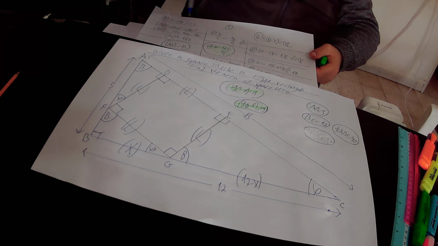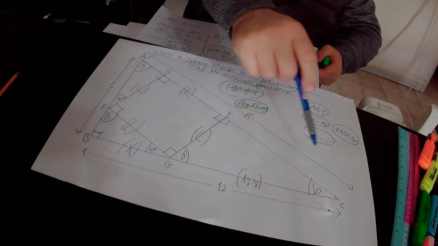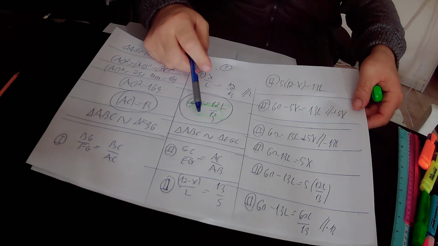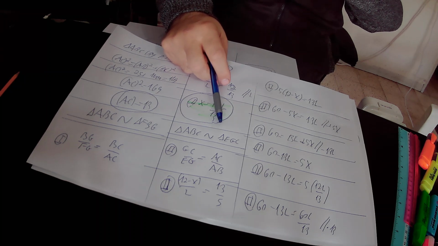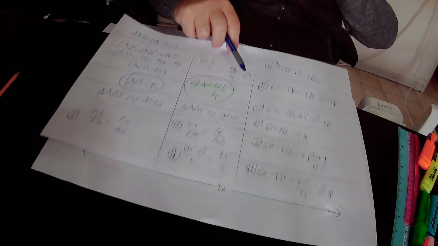Likewise, the big right triangle ABC is similar to the small right triangle EGC according to the angle similarity rule. Therefore the following relationship exists between their sides.